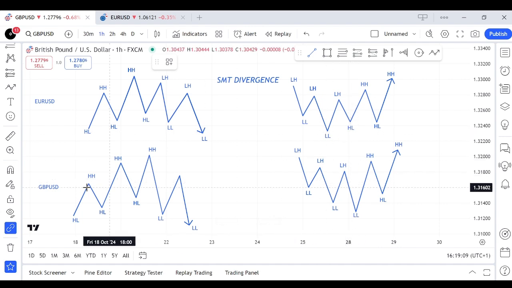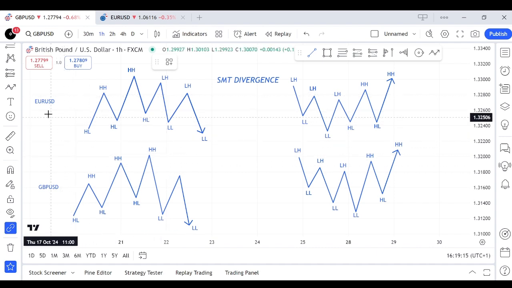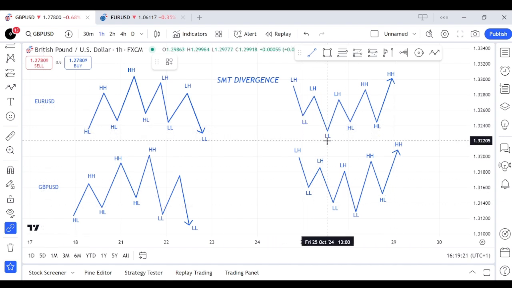Let's say, remember it should be correlated assets, so currency pairs. In this example I'm using Euro USD and GBP USD. Euro USD failed to make another lower low to continue the bearish trend, but you can see GBP USD made a lower low.